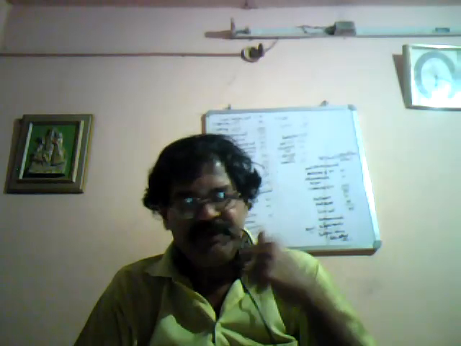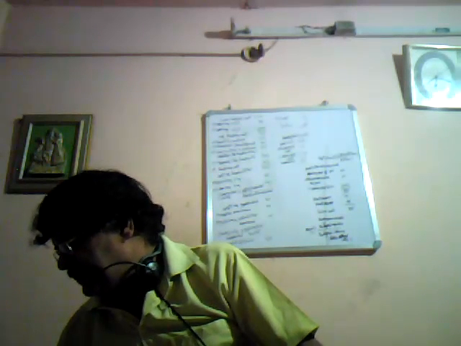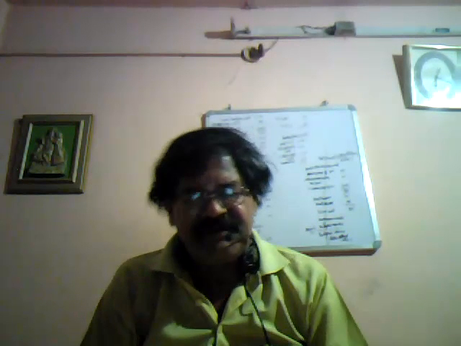How, sir? If you calculate 25 plus 30 divided by 2, you will come across 27.5 days.